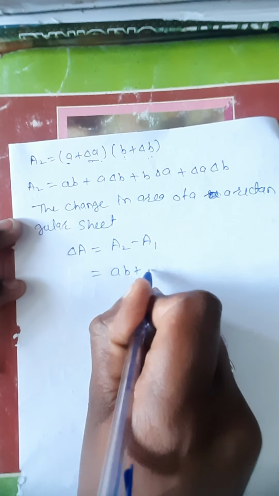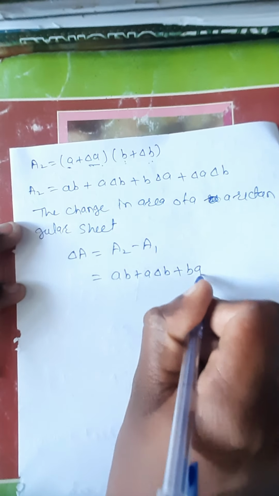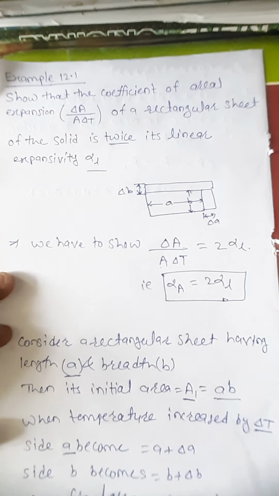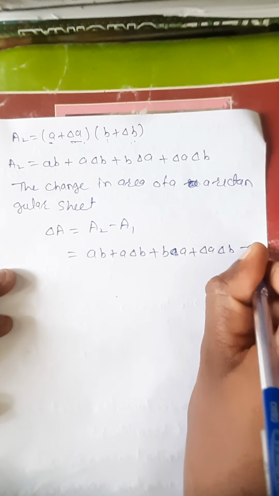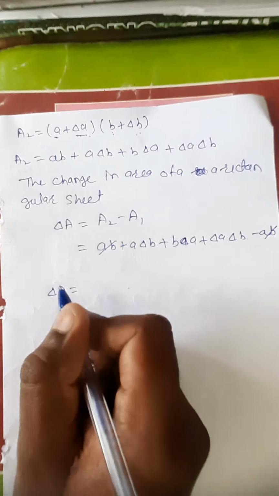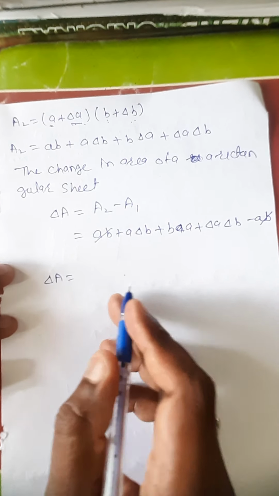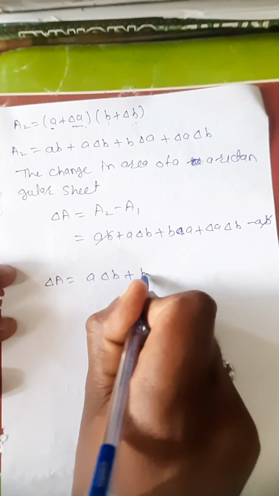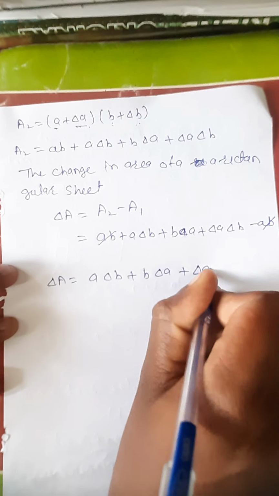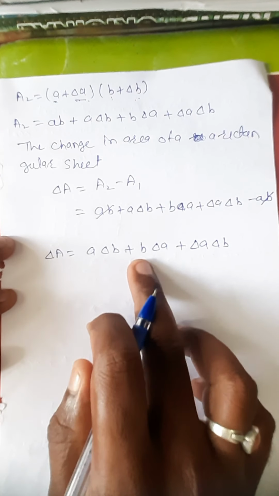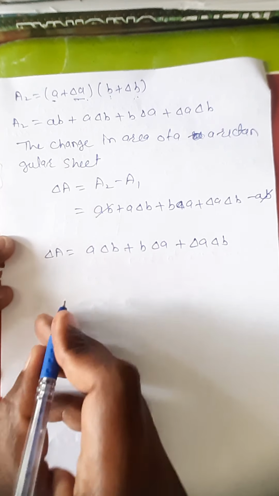That is LB plus L into delta B plus B into delta L plus delta L into delta B, minus the initial area LB. The LB and minus LB cancel, therefore the change in area is L into delta B plus B into delta L plus delta L into delta B.